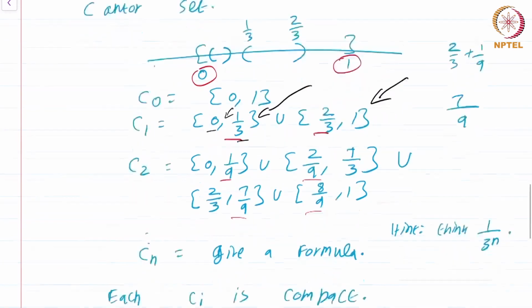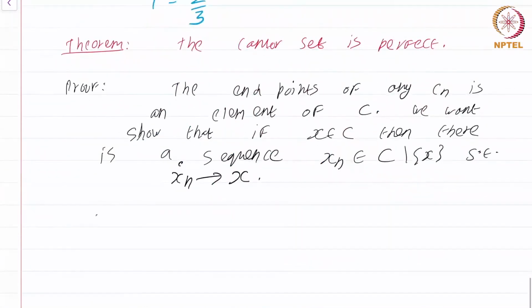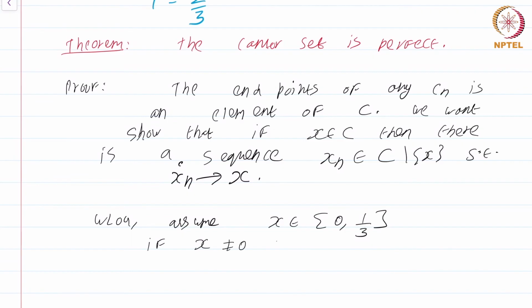Okay. So without loss of generality, assume that x is an element of [0, 1/3]. If x is not 0, let x1 equal 0. If x is not 1/3, let x1 equal 1/3.